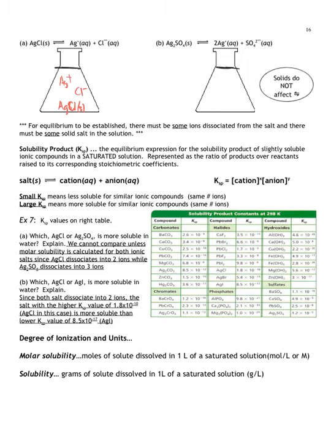You'll have a little bit of the salt and some dissociated ions. Likewise, on the right side for B, you have silver sulfate, and you have 2 silver ions for every 1 sulfate ion.